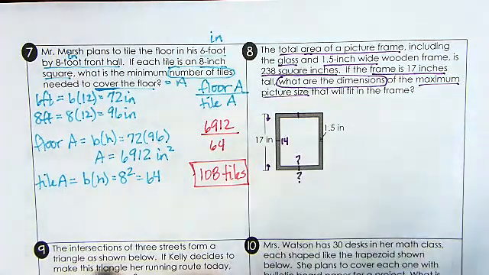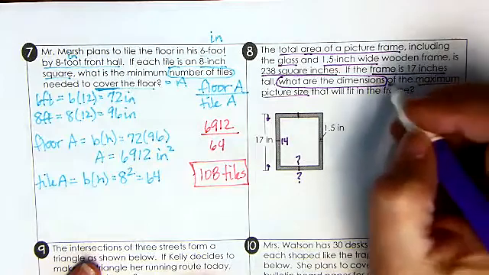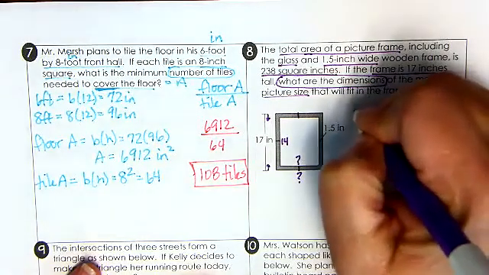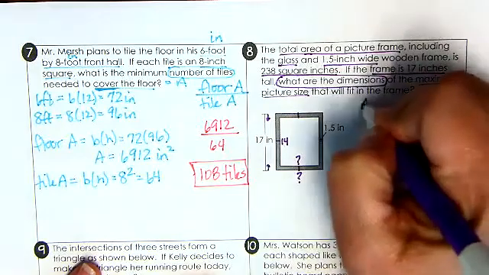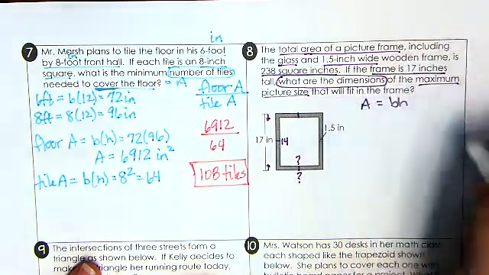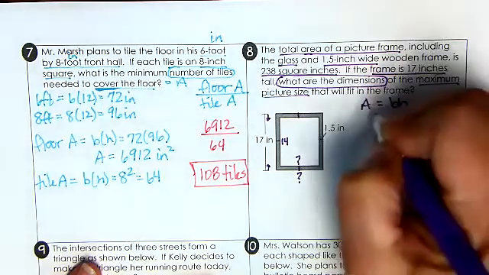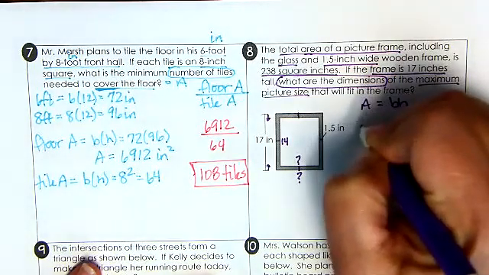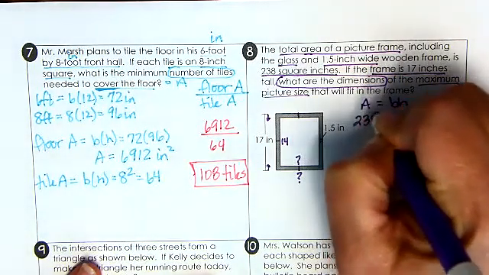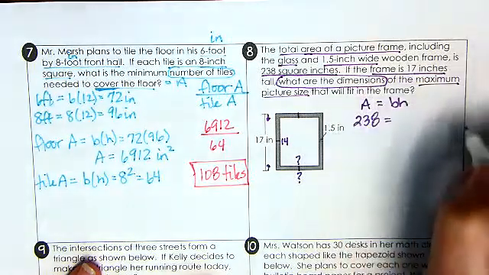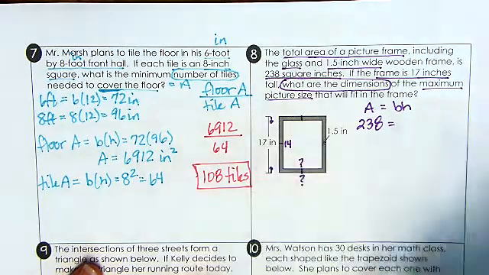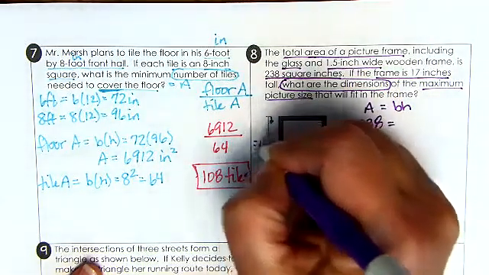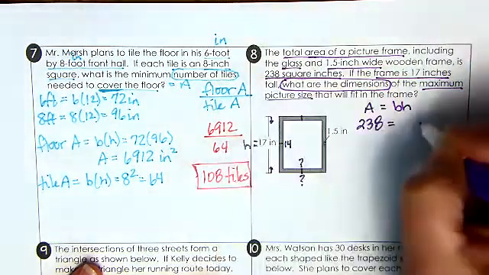So we're going to take our information, okay? And we're finding the area. We're given the total area. So this is an area of a rectangle. So we have the formula A equals base times height. My total area is 238. We plug in our information that we're given. We know that the height or the base, whichever one you want to call it, I would probably say this is the height, is 17.